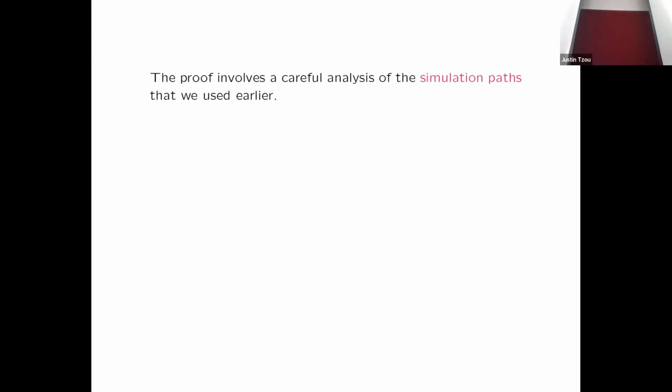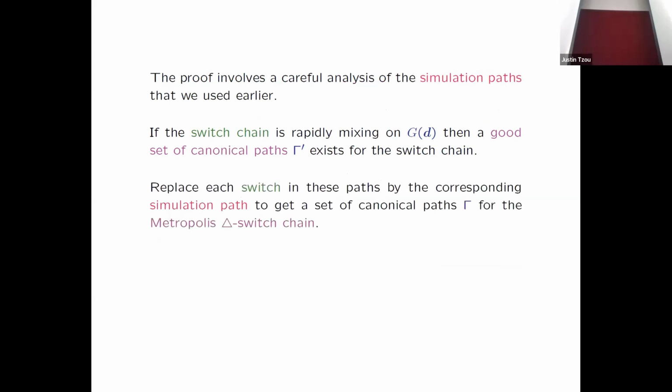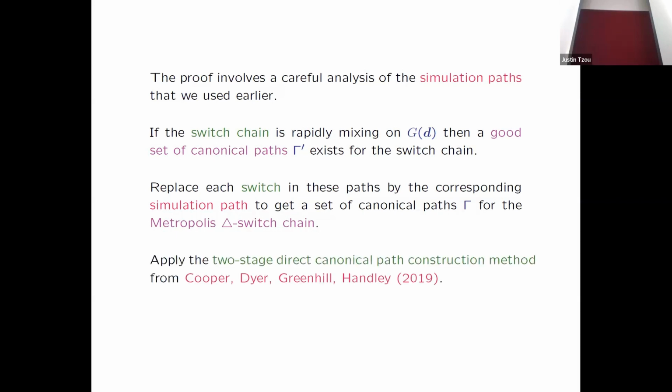We reuse those simulation paths we had before. If we assume the switch chain mixes rapidly, you can get a good set of canonical paths with a low congestion for the switch chain. Replace each switch by our little short sequence of triangle switches, and now you have a set of canonical paths for the triangle switch chain, the Metropolis triangle switch chain.